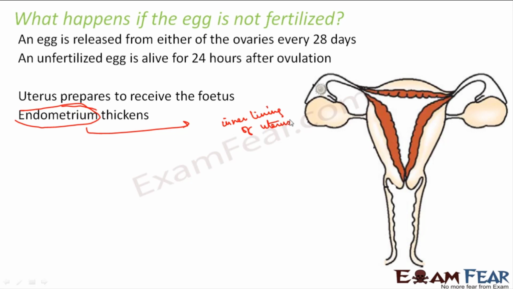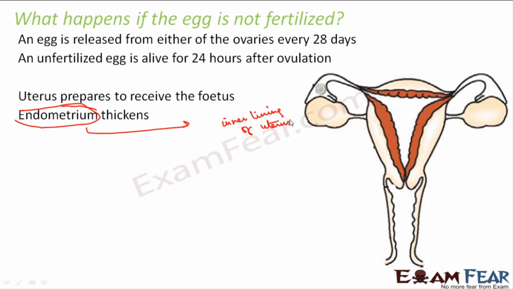So this inner lining thickens. Thickens means the uterus knows that once the fetus comes inside, it is going to stay here for 9 months, so it needs to take proper care of that fetus. How? By giving it full protection and full nutrition, right? For all those things, the inner lining of the uterus thickens, because if it thickens, it will give a cushiony feeling to the baby.